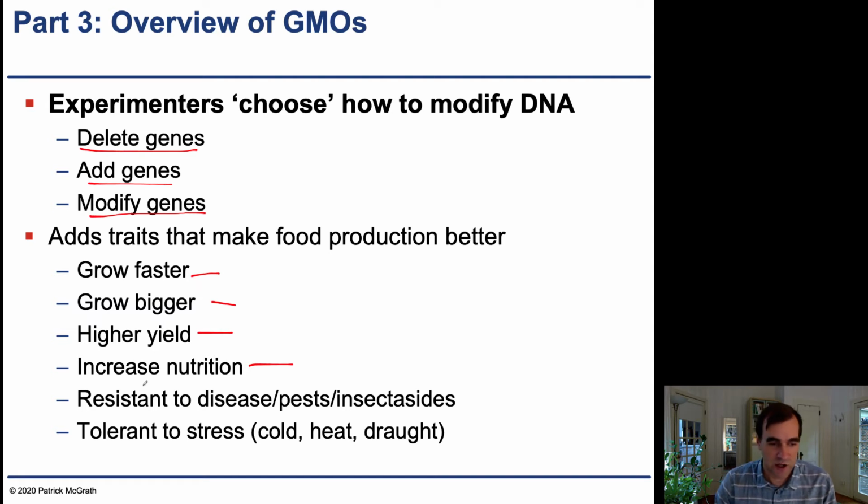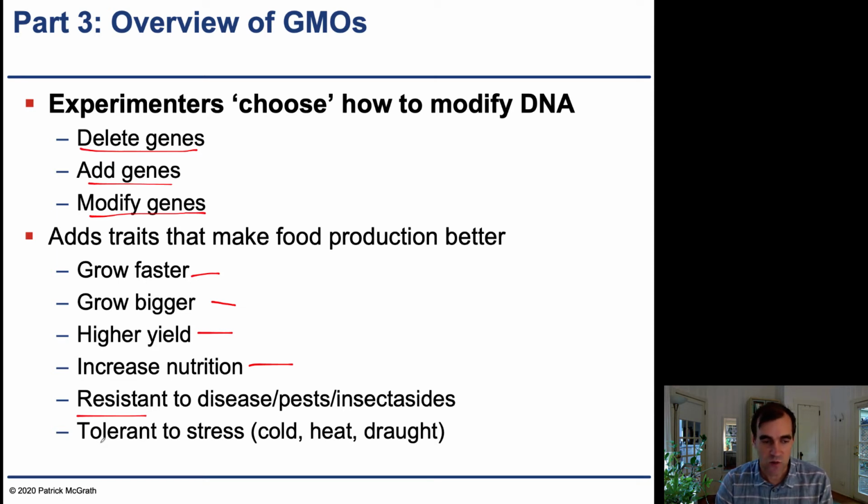And so we can engineer these animals to become resistant to those diseases, pests, and insecticides. We can also engineer animals to be more tolerant to stress, and this is obviously important in the context of global warming. As climate is changing in many places, the traditional places that we grow crops, the average temperature is getting hotter.